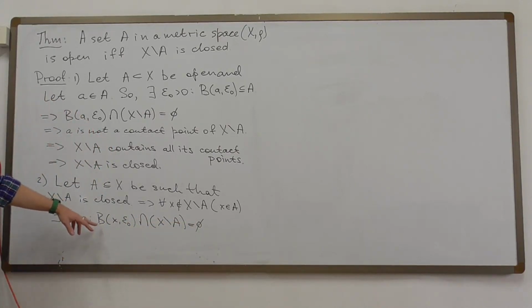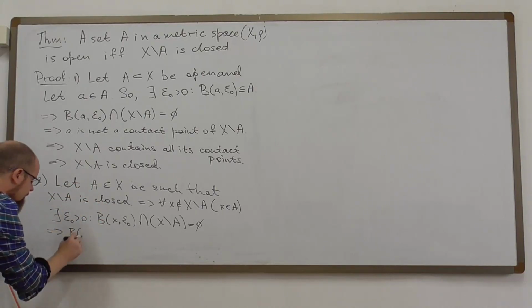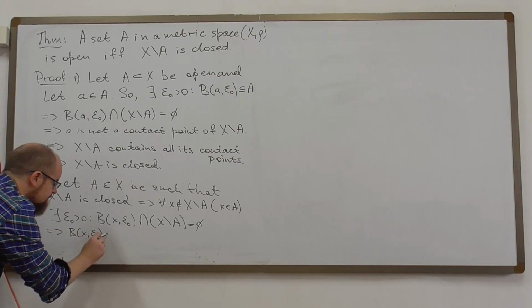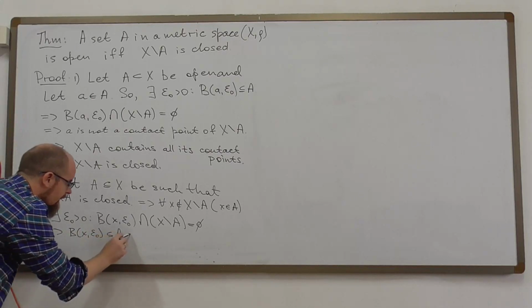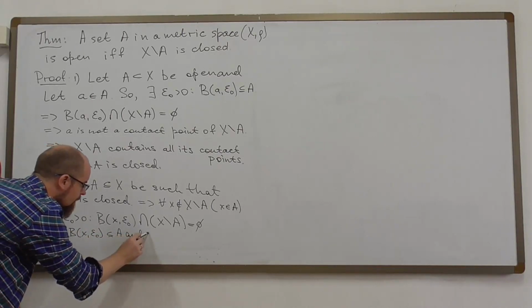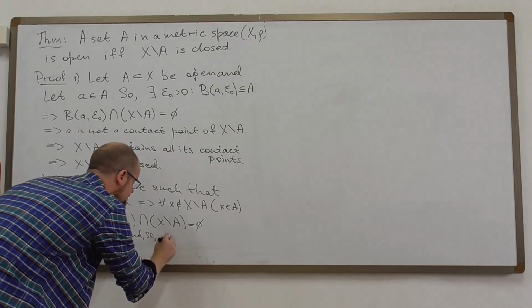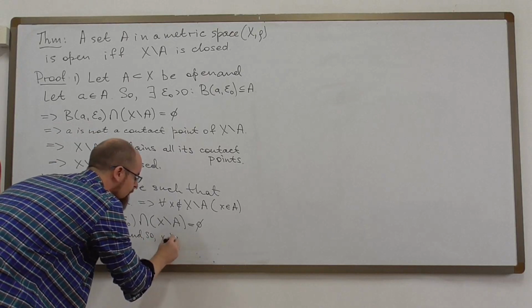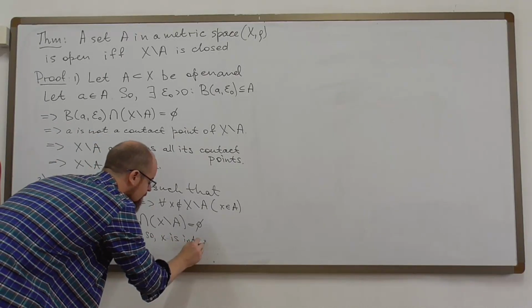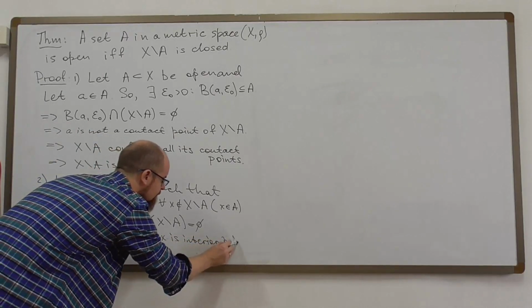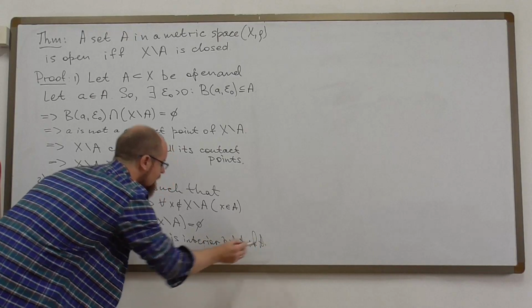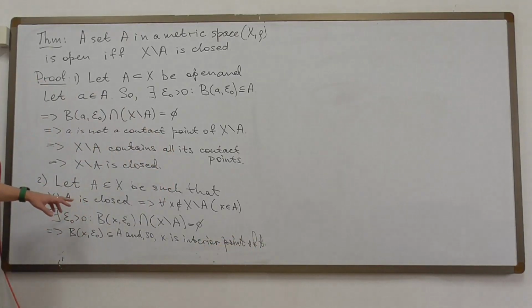But this means that this ball lies entirely in the set A. And so x is an interior point of A. So we've taken an arbitrary point from A and showed that it's interior. So all points of A are interior, and so A is open.